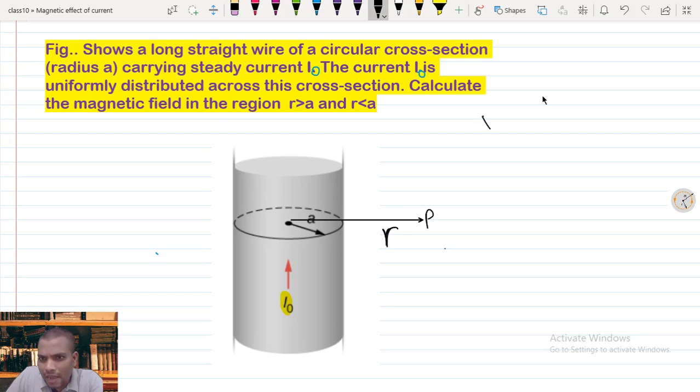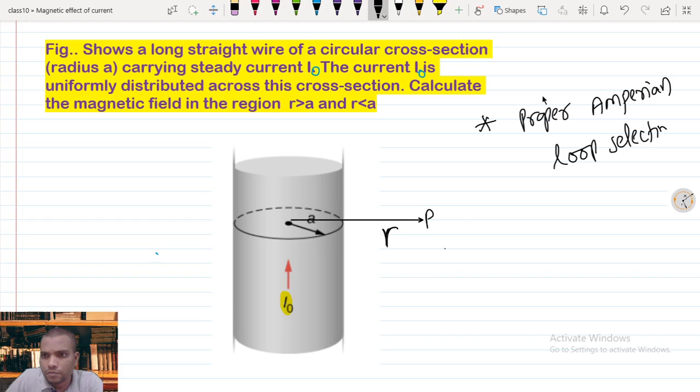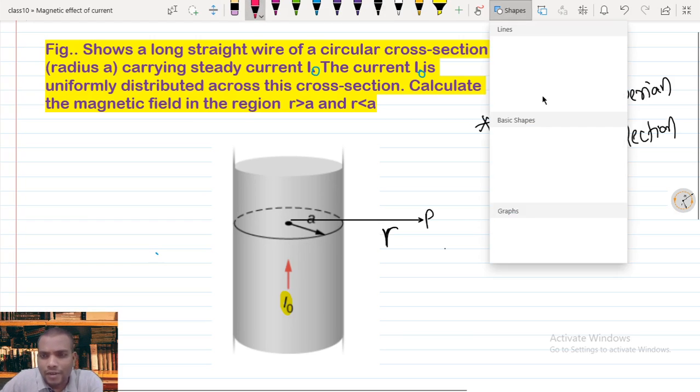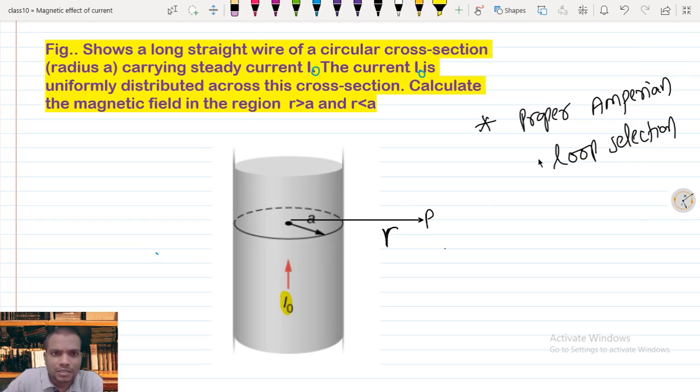To apply Ampere's law we need the following things. The first step is to get the proper Amperian loop, so proper Amperian loop selection. Here I would like to take a circular Amperian loop.